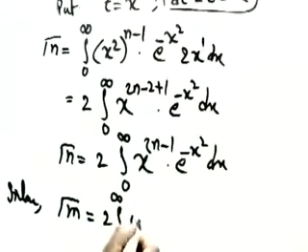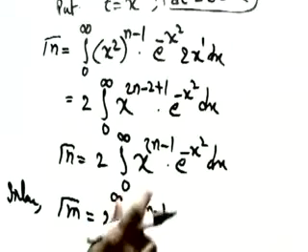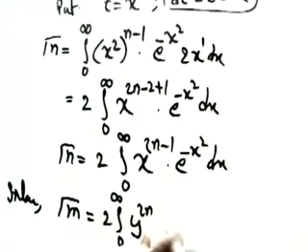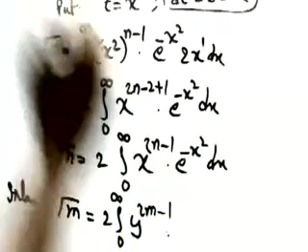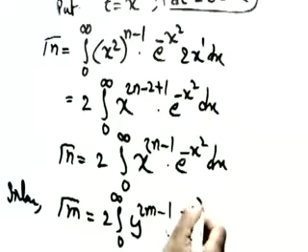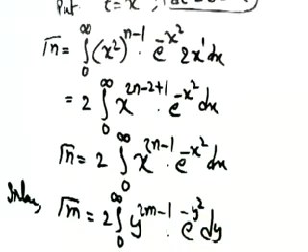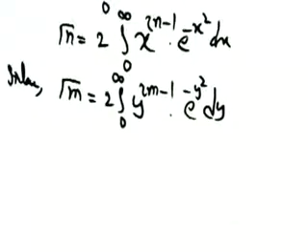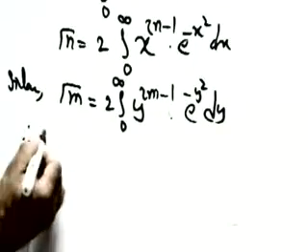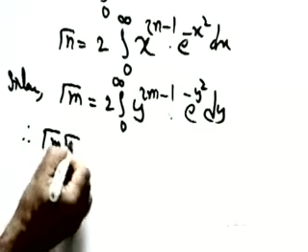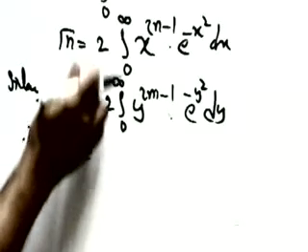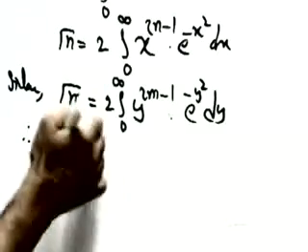So we can write 2 into 0 to infinity y power 2m minus 1 into e power minus y square dy. Now in the formula we have to prove gamma of m into gamma of n, so let me multiply this one. Therefore, gamma of m into gamma of n, we have to multiply this 2.